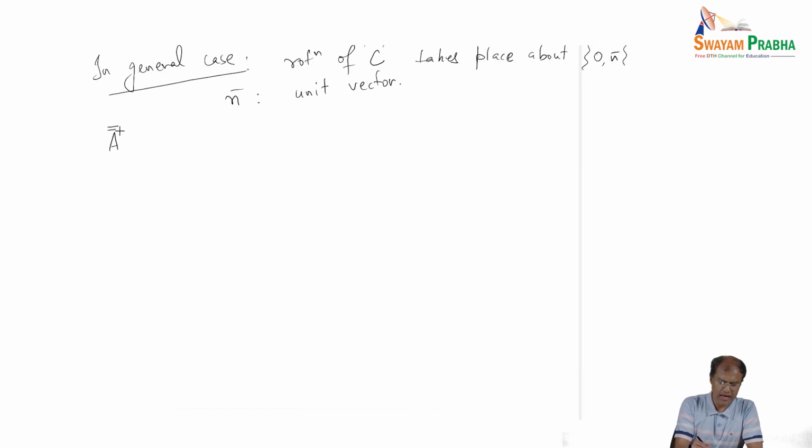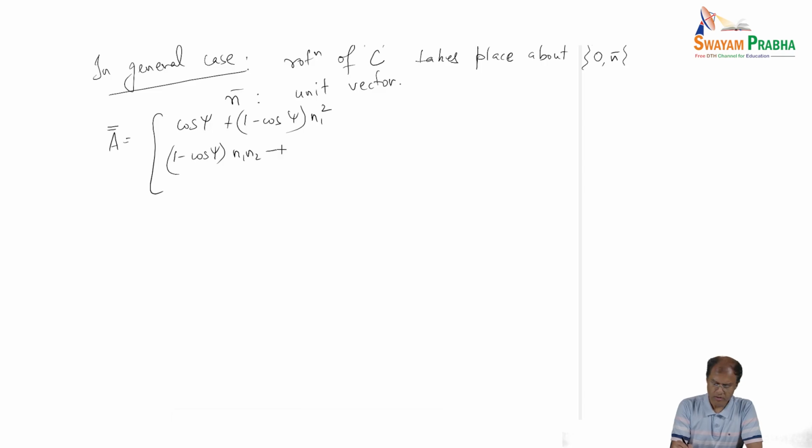So we have that A is in this case going to be cos psi plus 1 minus cos psi n1 square, 1 minus cos psi n1 n2 minus n3 sin psi, 1 minus cos psi n1 n3 plus n2 sin psi. So this is the general formula about the rotation about any vector n with components n1, n2, n3.